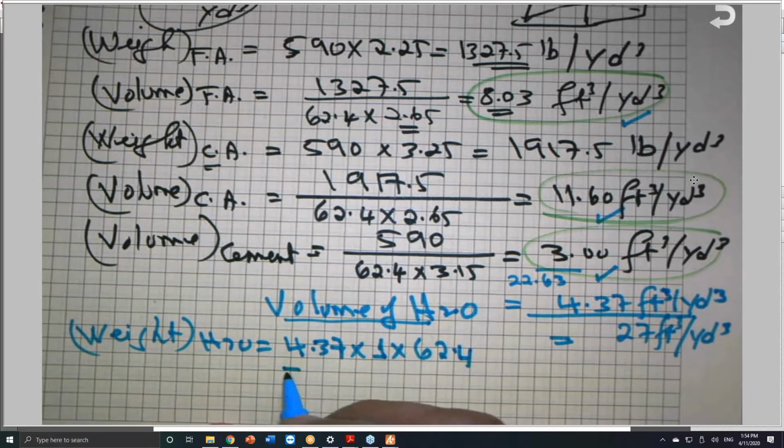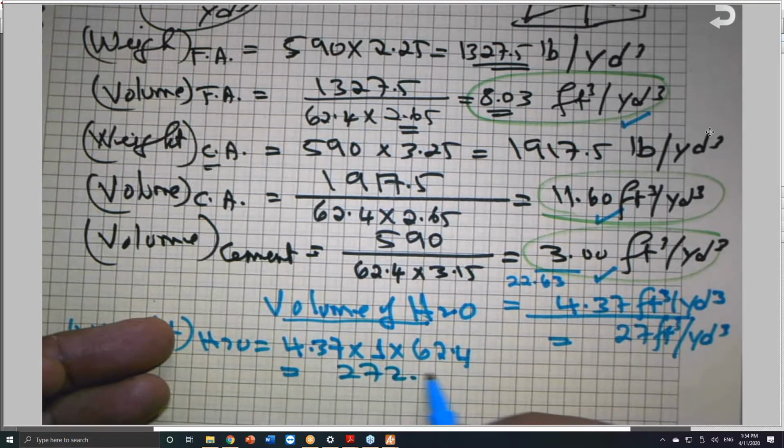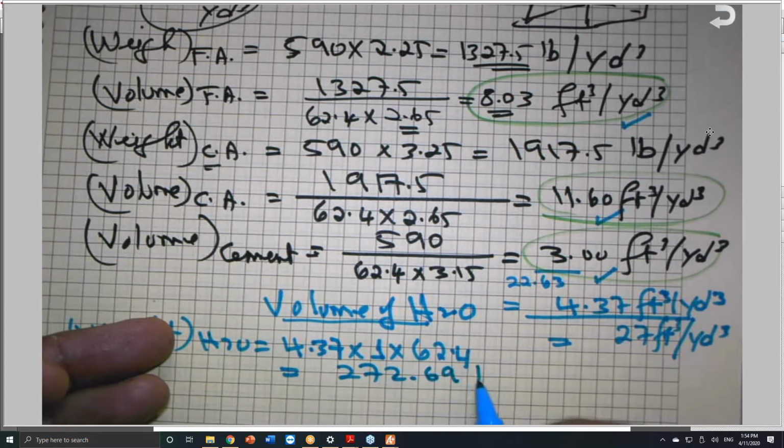What is this 1 here? This is the specific gravity for water, the one I mentioned. So it is 62.4 times this, and the result is 272.69 pounds of water per cubic yard.